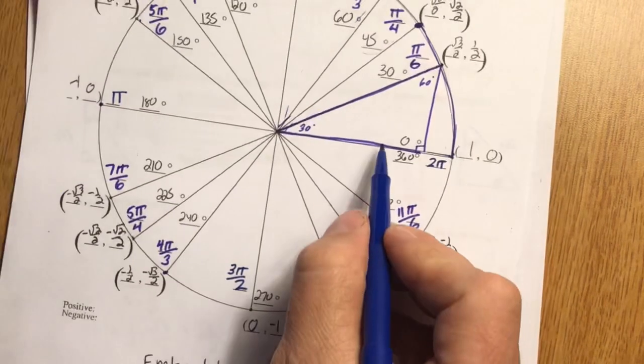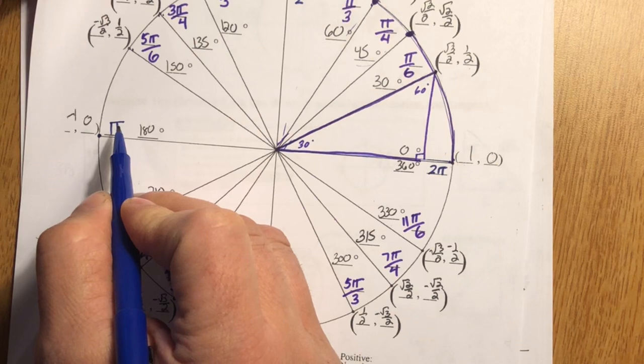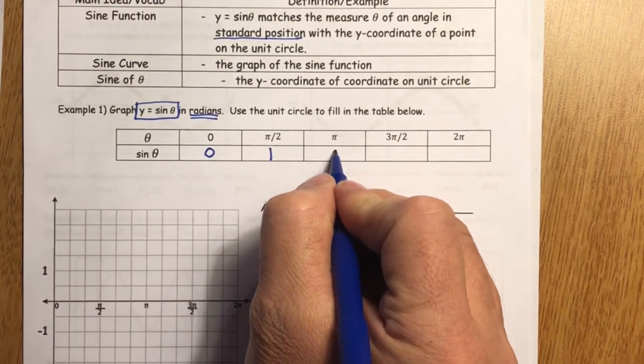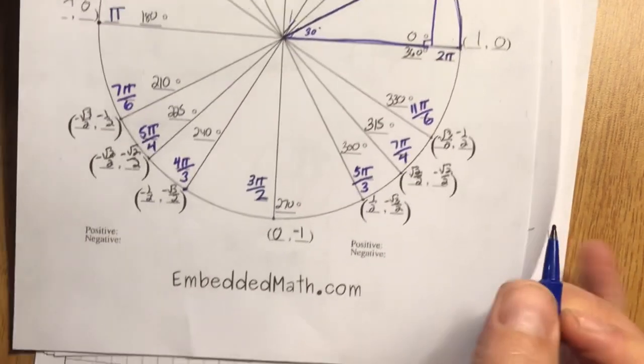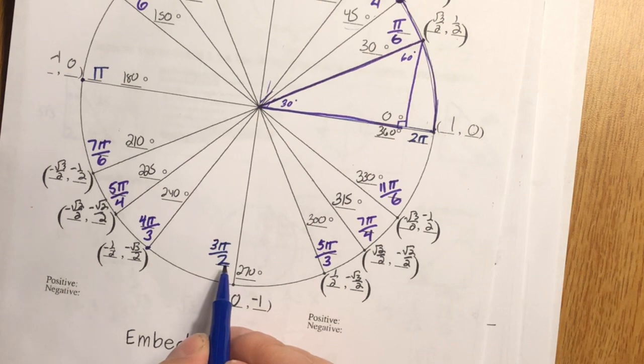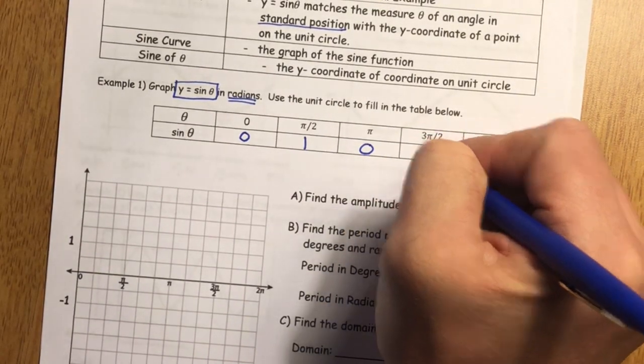If I rotate around the unit circle pi radians, the sine of that is going to be 0. If I continue all the way to 3 pi over 2, the sine of that is going to be -1.